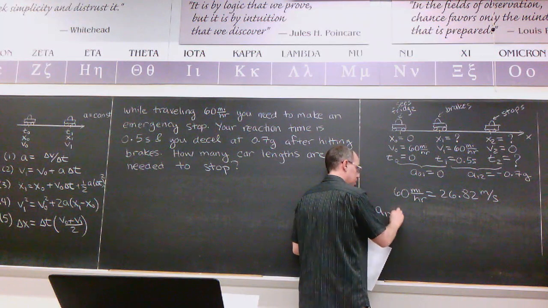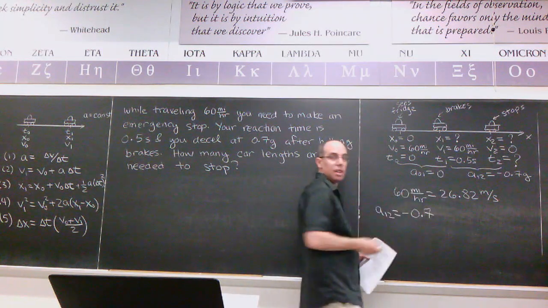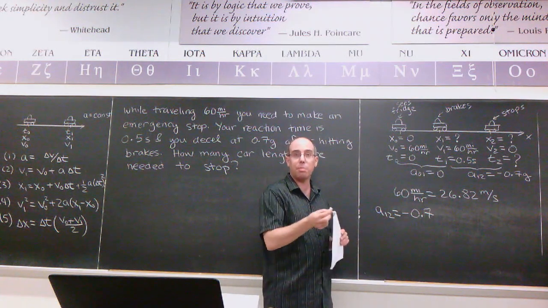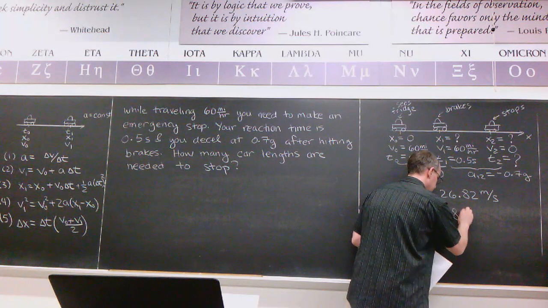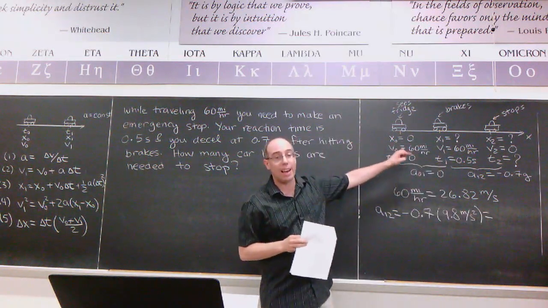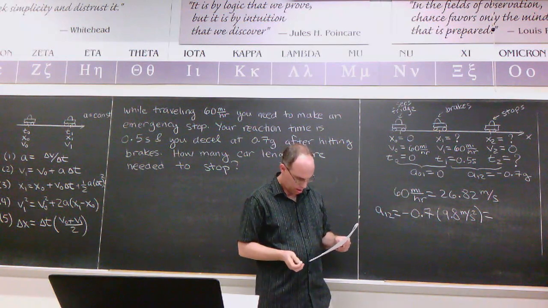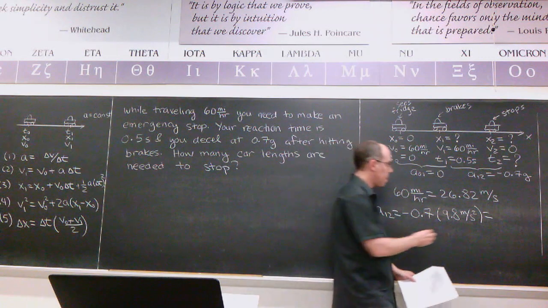And then we have A12 equals minus 0.7 times g, substituting g equals 9.8 meters per second squared. And we have the acceleration as you're braking, minus 6.86 meters per second squared.